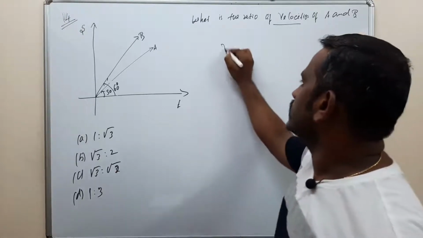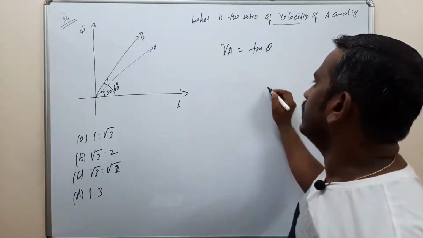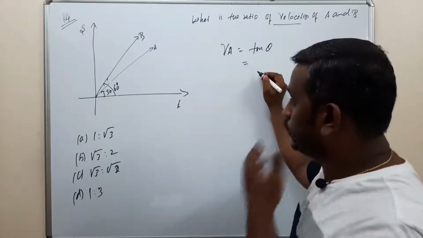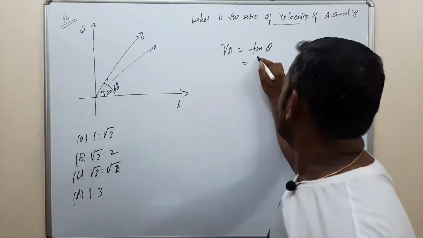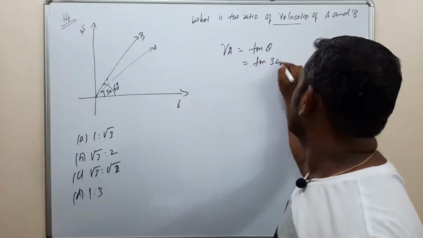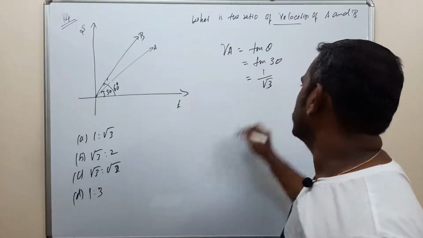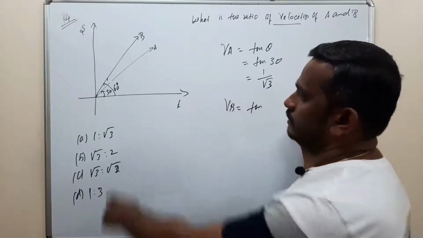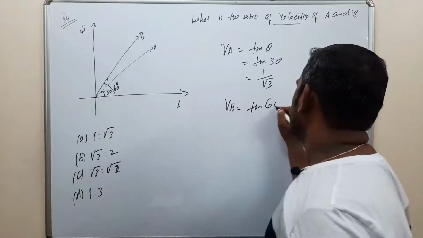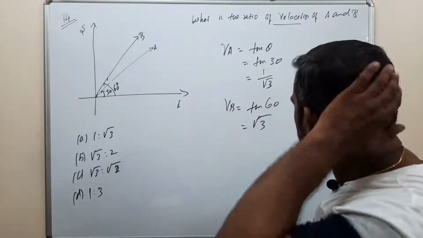So velocity of A is equal to tan theta. The angle of inclination is 30 degrees, so tan 30 equals 1/√3. VB is equal to tan 60, which equals √3.